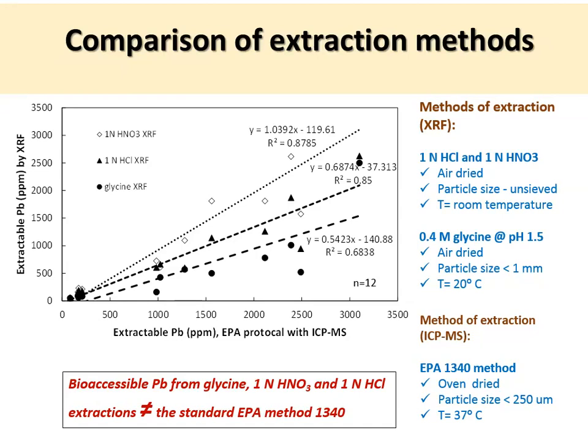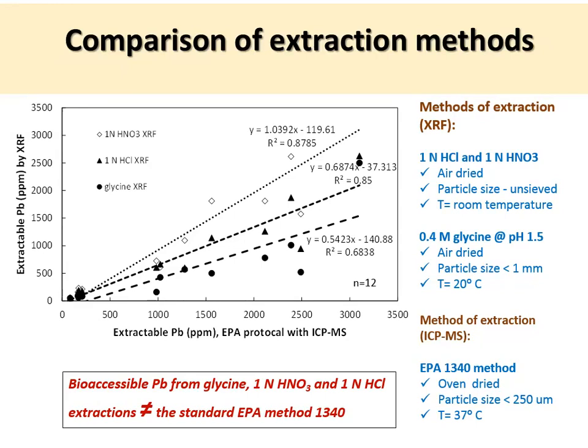And with the acid, samples were also dried, but we didn't sieve them. We just avoided big chunks of rocks or leaves and just used regular, unsieved soil. Temperature was also room condition.